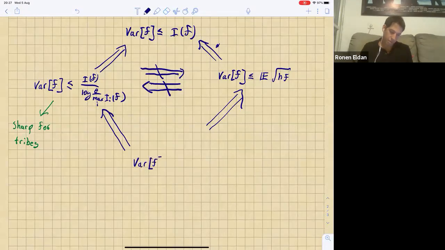The variance of f is hopefully bounded by this thing, but also hopefully we get to multiply by the following thing: 1 over log of 1 over the sum of the squares of the influences of f, with the square roots.